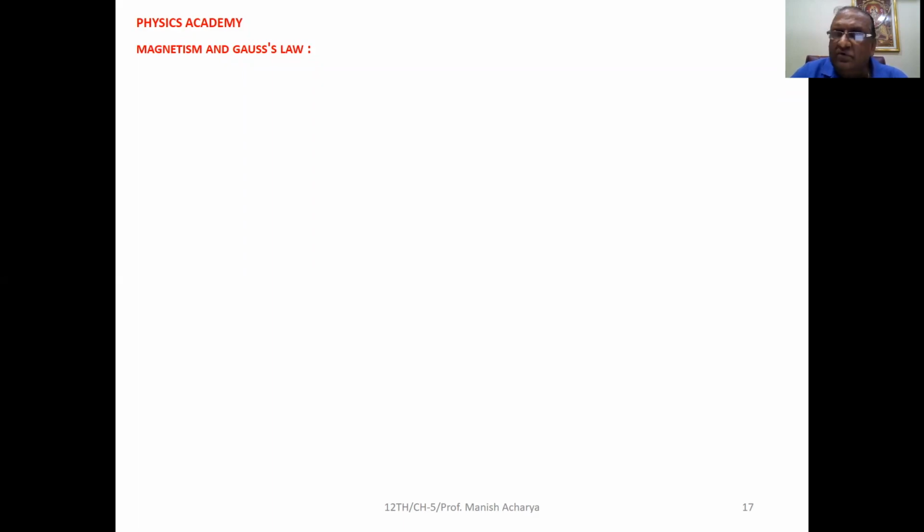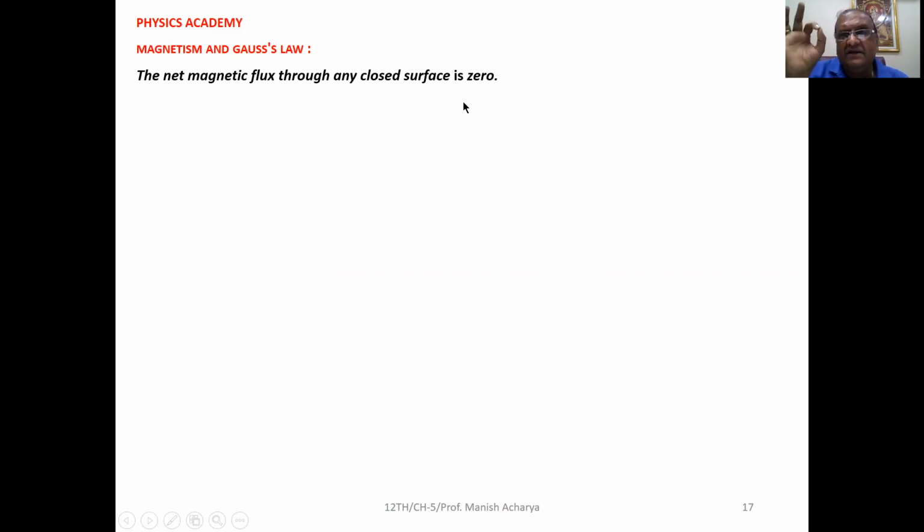This Gauss's law we already discussed for electrostatics. Now we have to discuss Gauss's law for magnetism. Gauss's law for magnetism says that the net magnetic flux through any closed surface is 0. So mathematically, how can one represent this?